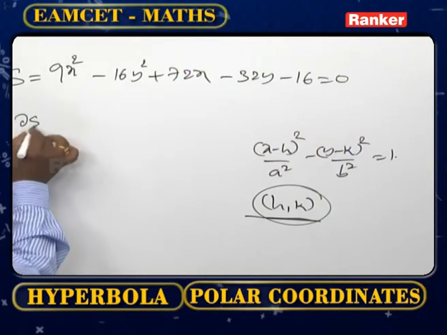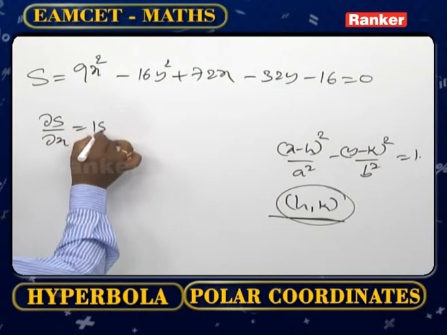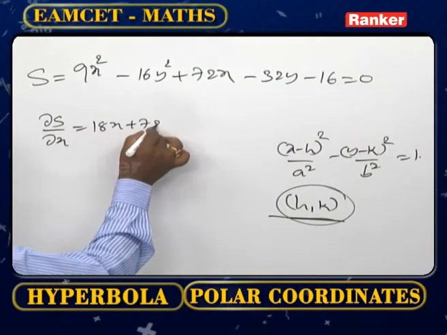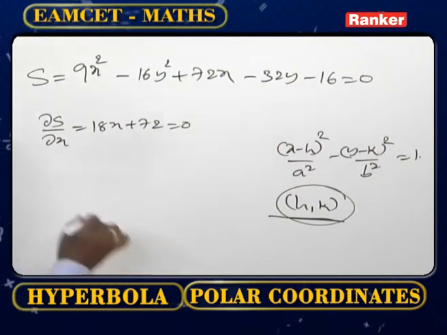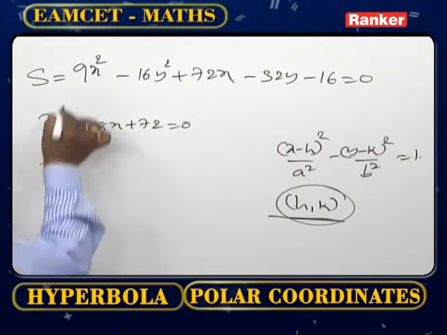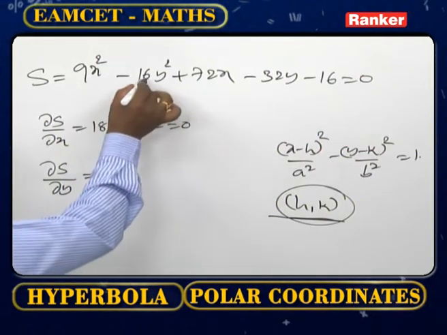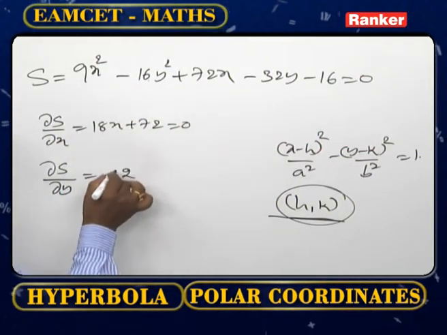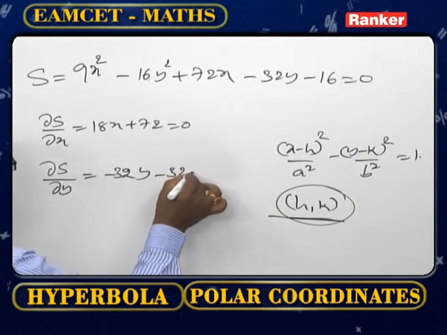Now differentiate partially with respect to x: dou S by dou x equals 18x plus 72 equals 0. Similarly, differentiate with respect to y: dou S by dou y equals minus 32y minus 32 equals 0.